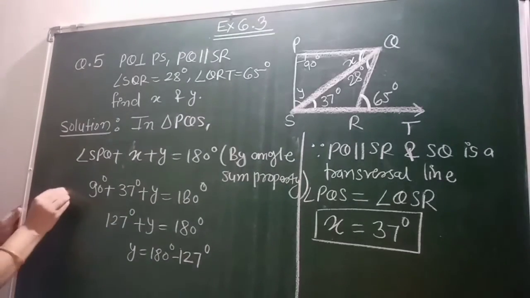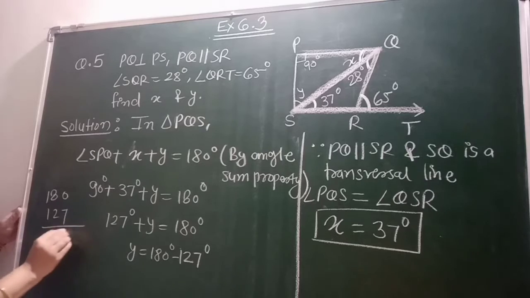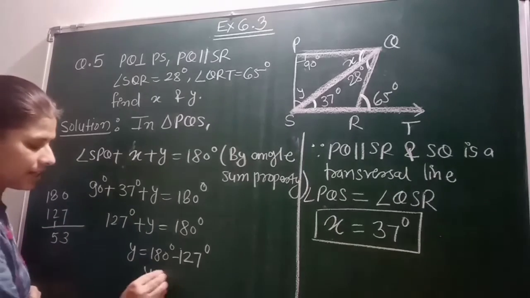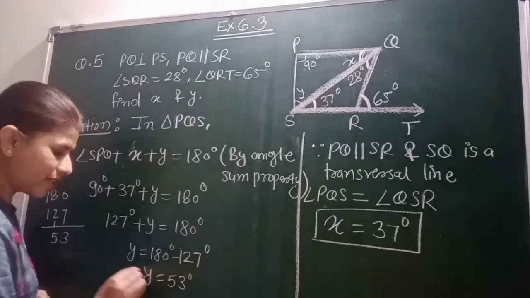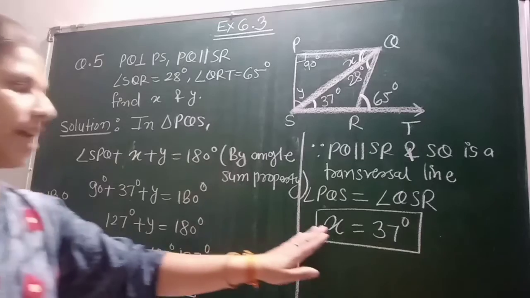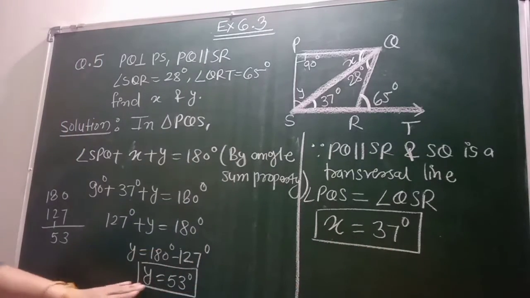And what will be the subtraction? Yes, 53 degrees. So the measurement of angle y is 53 degrees. The value of x is 37 degrees and the value of y is 53 degrees.